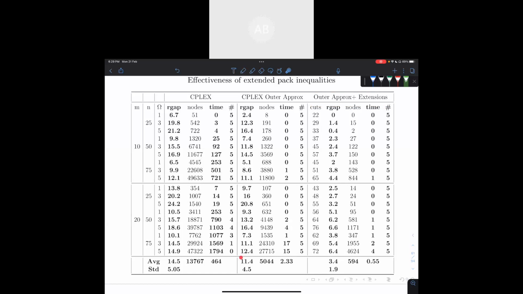These root relaxation gaps we have squeezed by cutting these extra sections off. We have come almost within 3.4% of our optimal solution without even going into the branch and bound tree. And the number of nodes that we need to explore in the branch and bound tree reduced by a great factor.